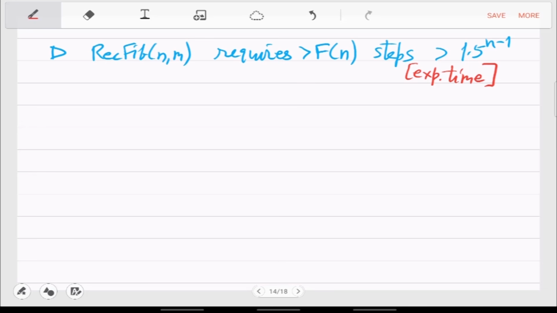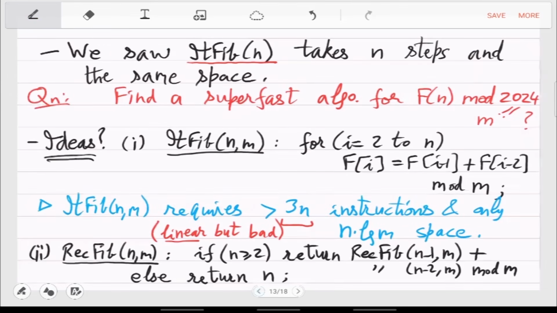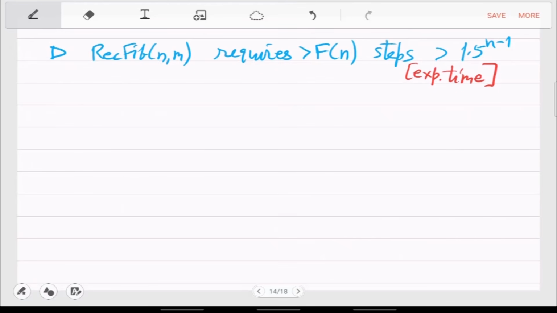So yeah, now let us come back to the super fast algorithm that we want to do in this class. So that's the third idea. Right, so that's a clever insight which many of you have probably not seen.